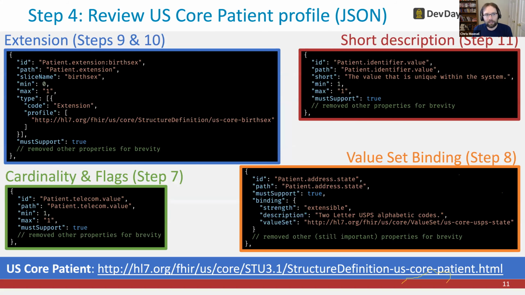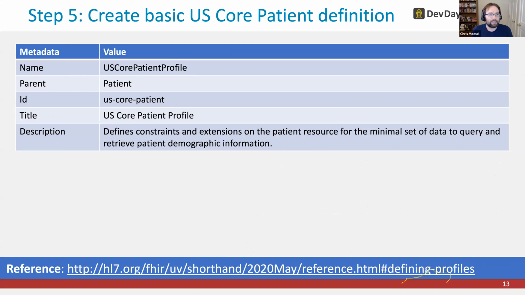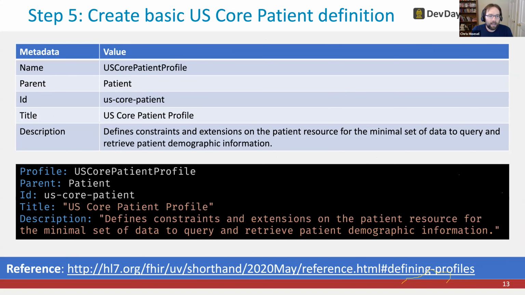So the first thing that we are going to do as we try to rebuild this US Core patient profile is just the high-level metadata. So in the exercise, we provided a table that showed this metadata and said, how would we represent this using FHIR Shorthand to create a profile? And the answer actually was in the FHIR Shorthand specification, where we actually used this exact example.